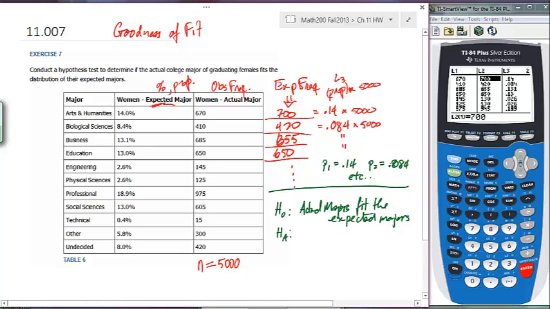Well, we should probably say the distribution of expected majors. And then you can just say the data doesn't fit for the alternative hypothesis.